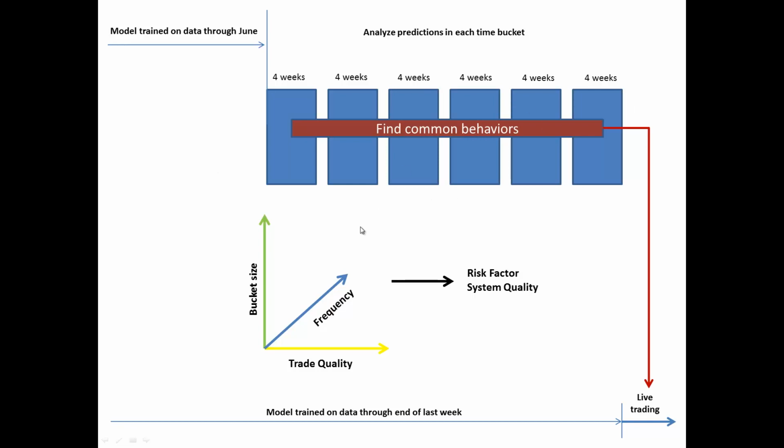Now, it's important to understand that typical system developers for trading systems, they're not doing what I'm doing here. Typically, they'll take this data, right here, like this 4 week, 4 times 6, this 24 weeks worth of data, and they'll find some set of rules to apply to it, and then present that as a system.